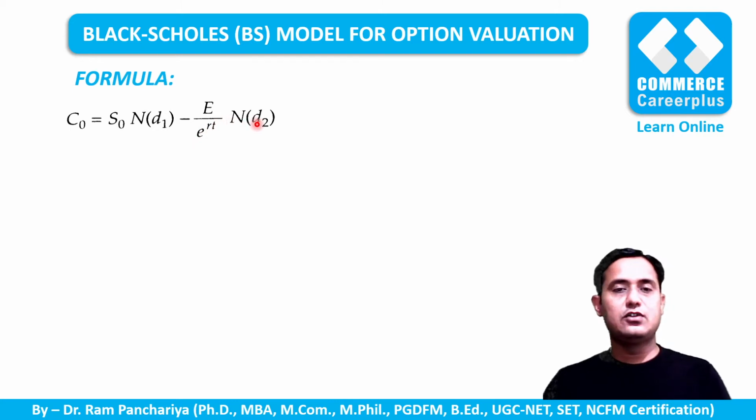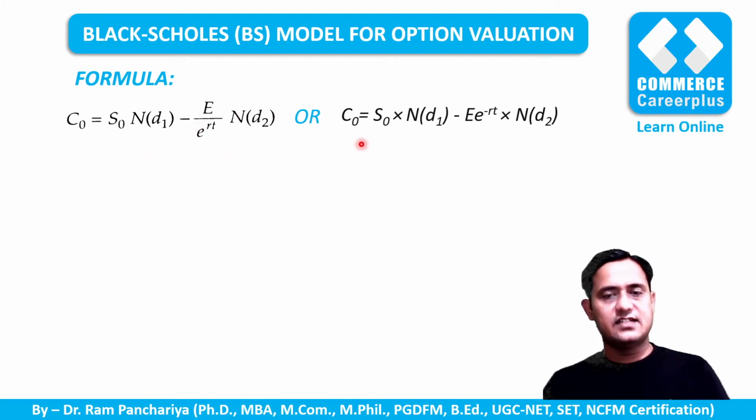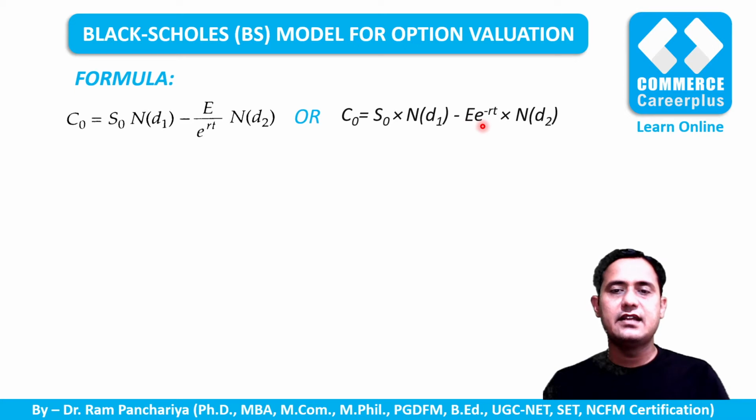This formula is also written as, इसी फॉर्मूले को हम और दूसरे टाइप में लिख सकते हैं. This can be written as C0 equals to S0 multiplied by ND1 minus E multiplied by E to the power minus RT multiplied by ND2.